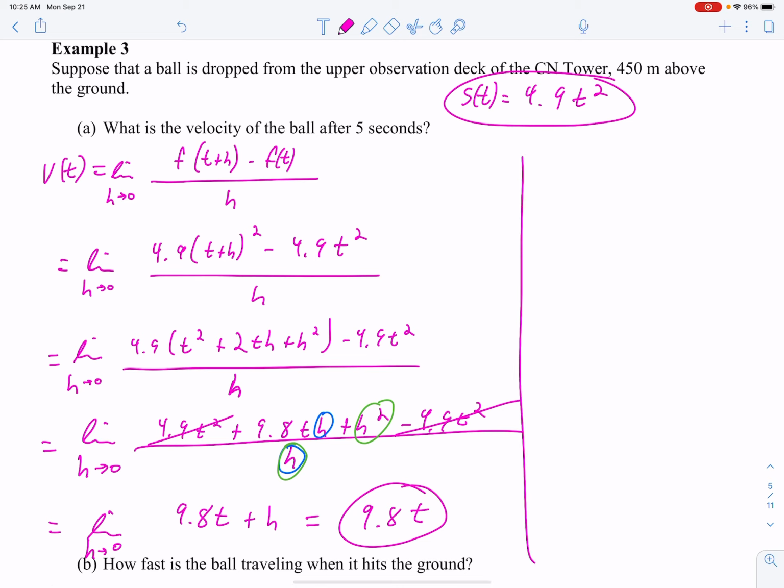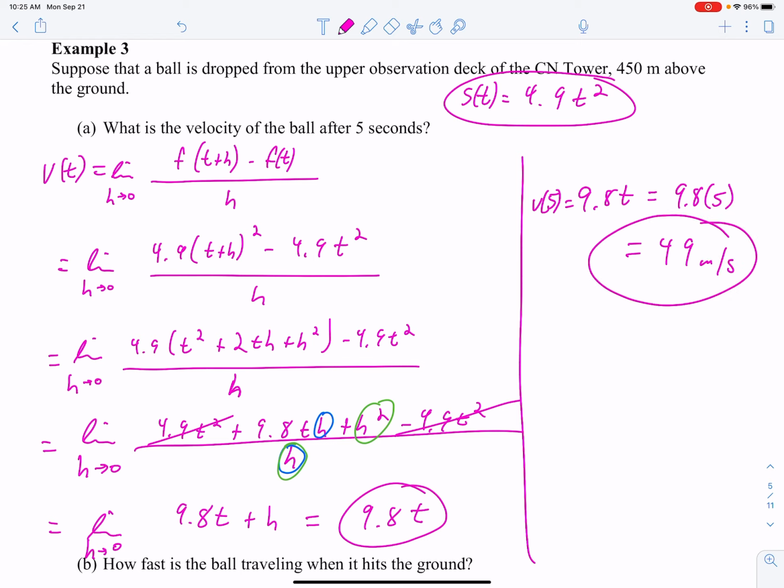So we want the velocity at time 5: 9.8 times 5, which is 49 meters per second. That's the velocity of the ball after 5 seconds.